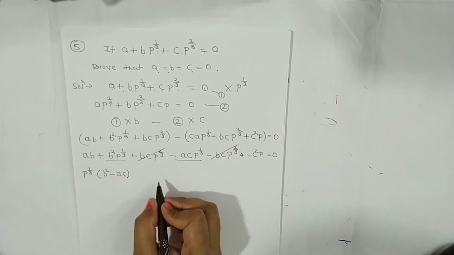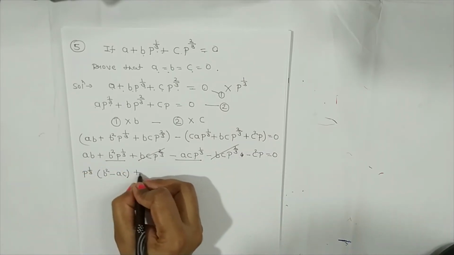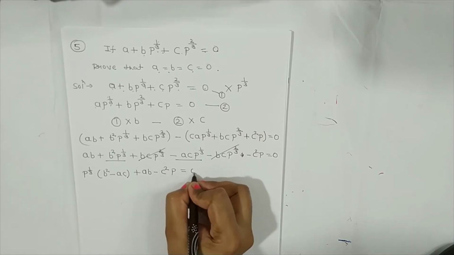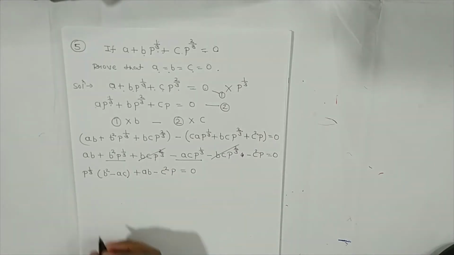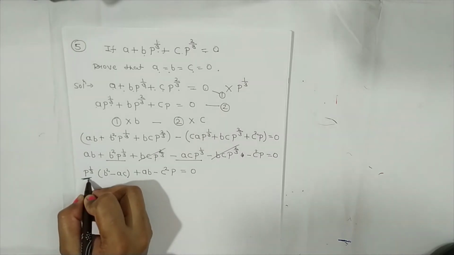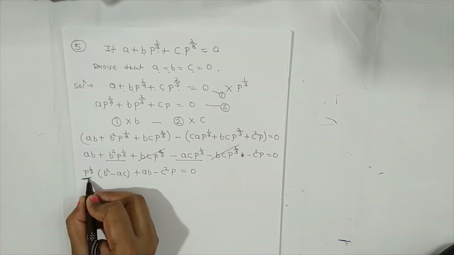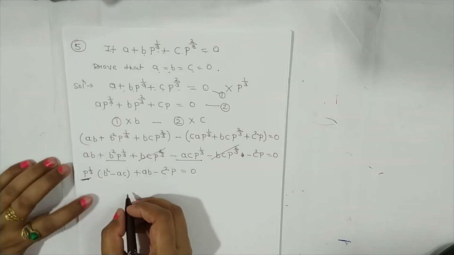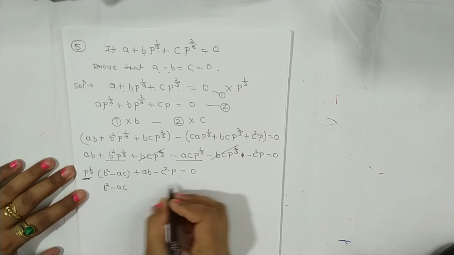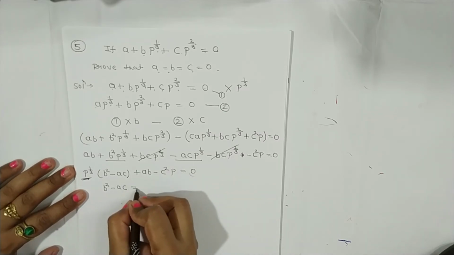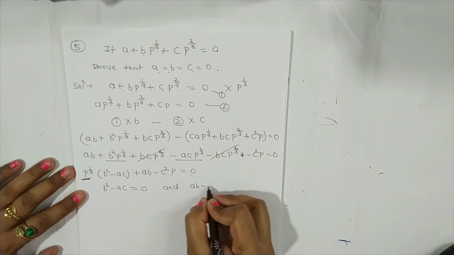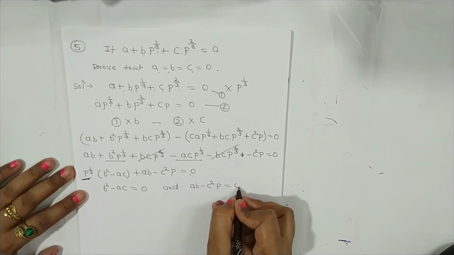Now remaining is ab minus c square p is equal to 0. Then p to the power 1 by 3 is an irrational number, so we can say that, comparing, b square minus ac will be 0, and ab minus c square p is equal to 0.